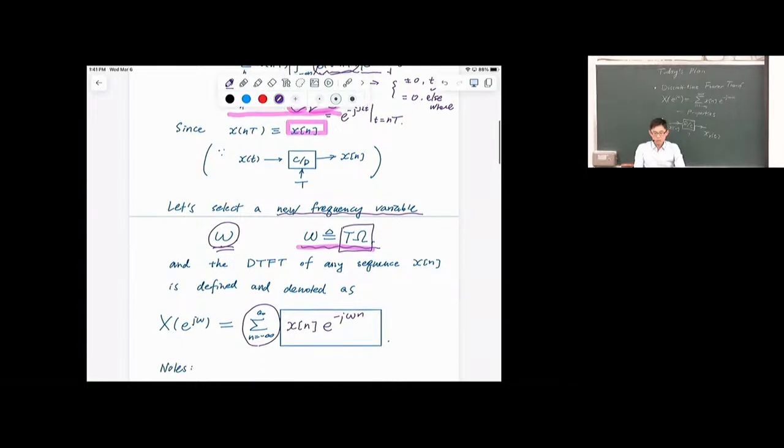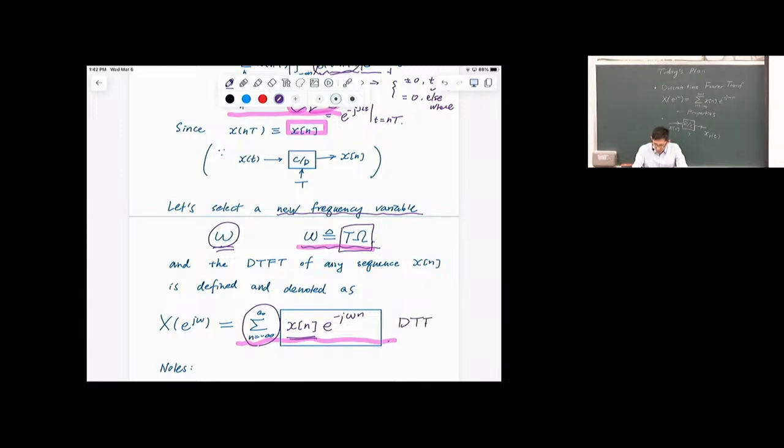So now it becomes a good definition of Fourier transform for any sequence that is the result of sampling. For any signal that resulted from sampling with a sampling period big T, we can define its spectrum with this expression, and we recommend calling it DTFT.